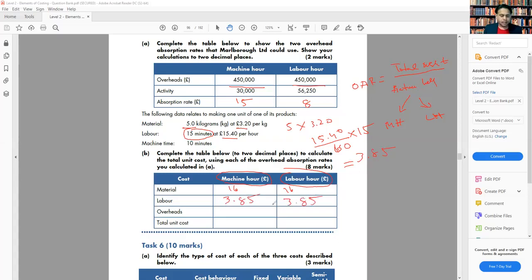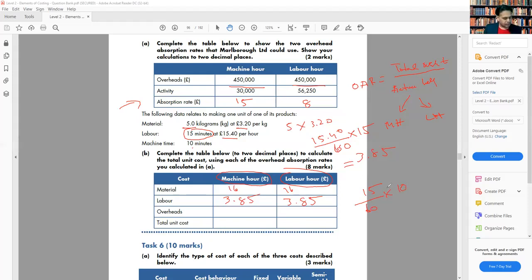3.85. The next one is the overhead. We have the overhead absorption rate. So for the machine it is 15 per hour, and for the machine we have 10 minutes. So we said 15 over 60, that will give me per minute, and times 10.